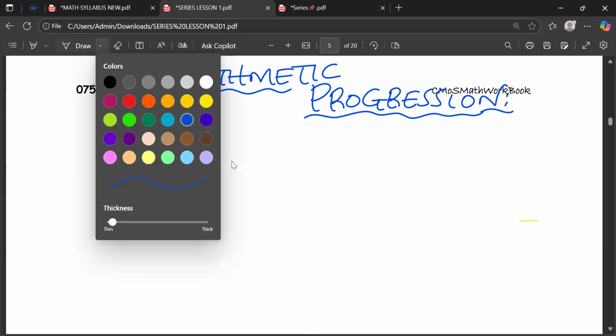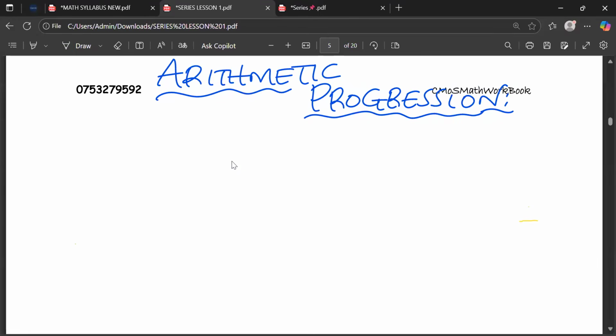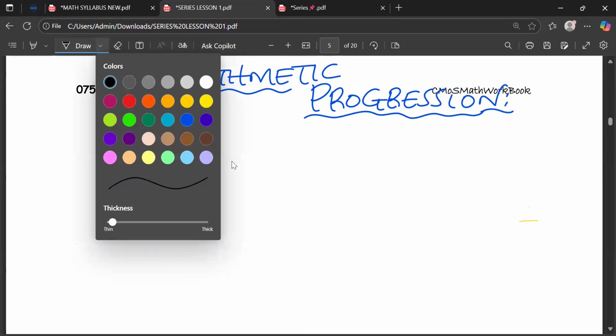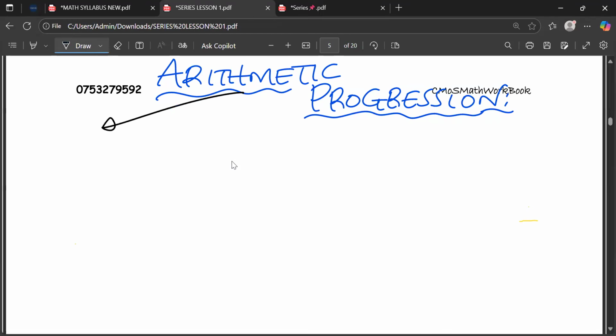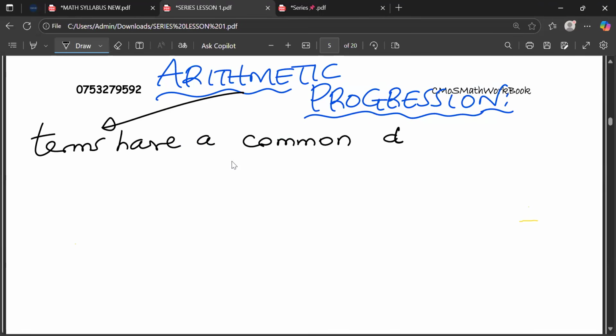So here we have agreed a common difference, which is denoted with the letter D. Now, I want us to use the terms we've been using.